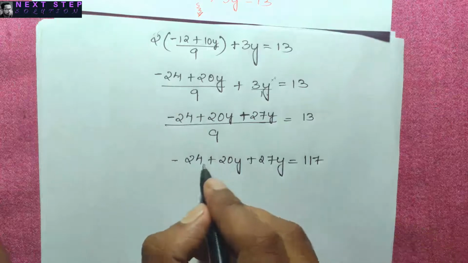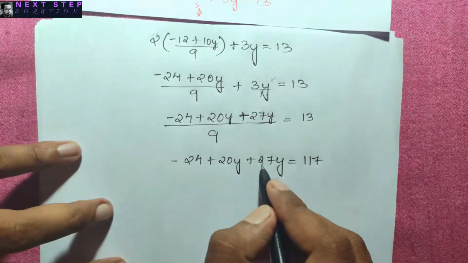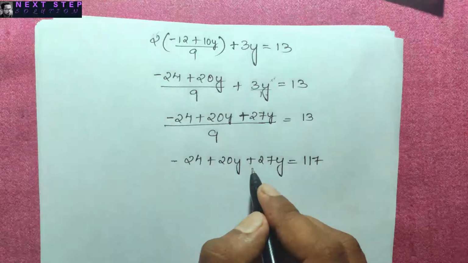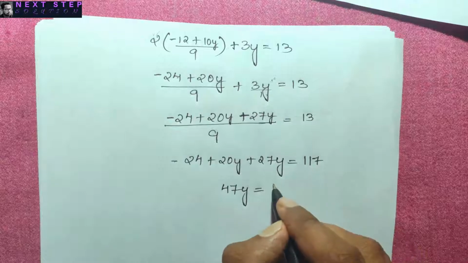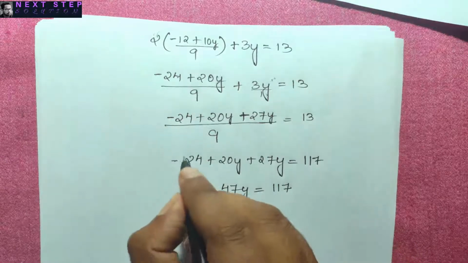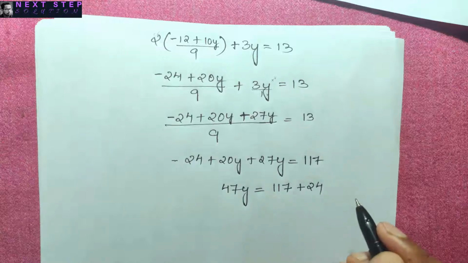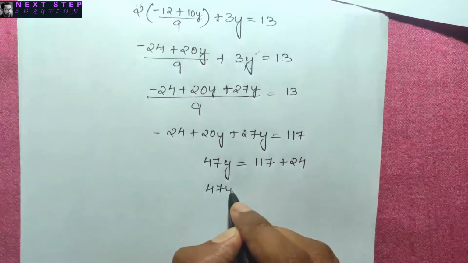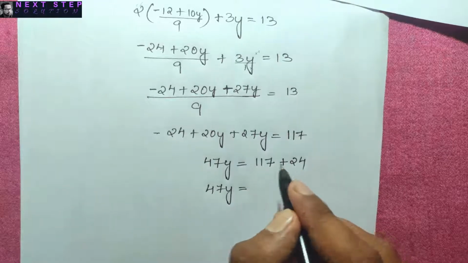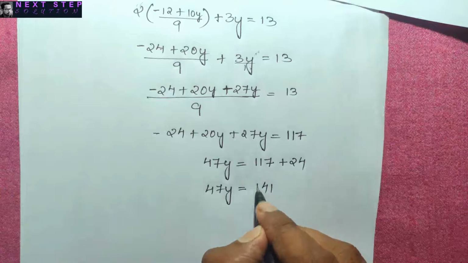Now we can solve the like terms. We have here 20y plus 27y. 20y plus 27y will make it 47y equals, now we have 117 here. If we send this 24, it comes as plus 24 because it was minus on the other side. Now we have 47y equal to, if we add up, 141.